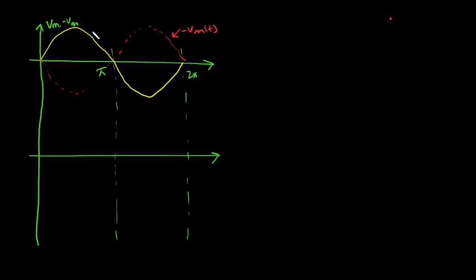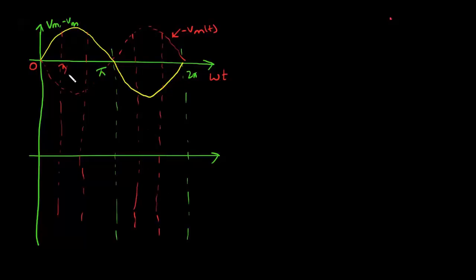The yellow one is VmT. X-axis is omega t. This is π/3, this is 2π/3, 4π/3, 5π/3.